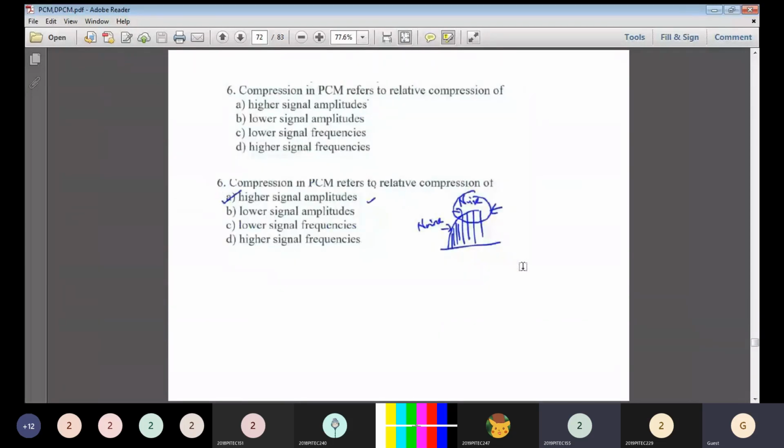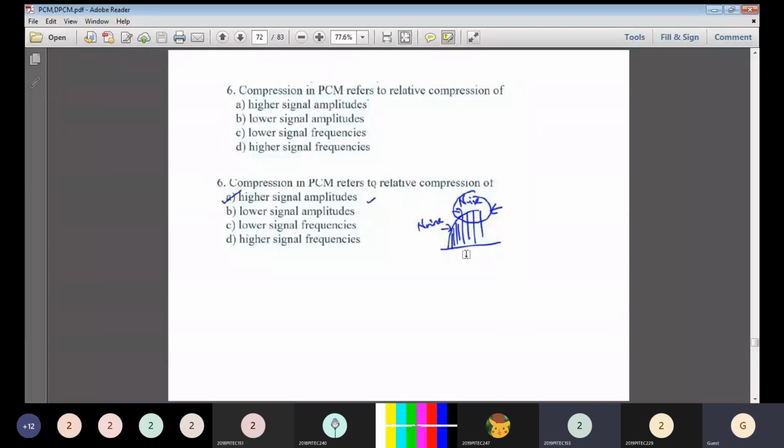Next problem: compression in PCM refers to relative compression of higher signal amplitudes, lower signal amplitudes, lower signal frequencies, or higher signal frequencies. Look at the diagram, we have a noise signal. Noise increases if the amplitude of the signal increases.